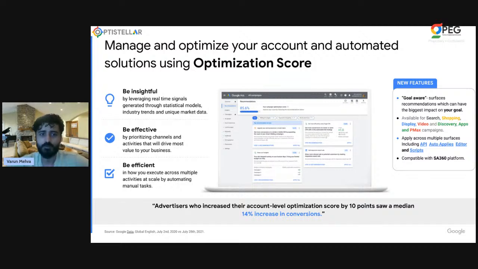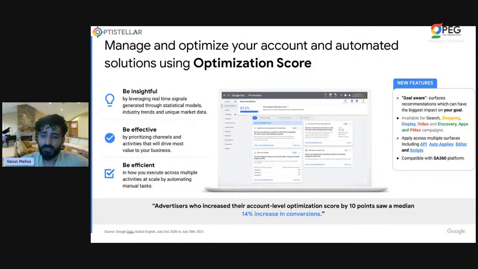It helps you become more insightful, right? It gives you real-time signals that are generated through the AI algorithms, understanding the industry trends, the real-time competition, and the real-time bidding scenarios that are happening. It also helps you become more effective. It can give you recommendations by prioritizing certain channels or activities that can derive the most value out of your business.